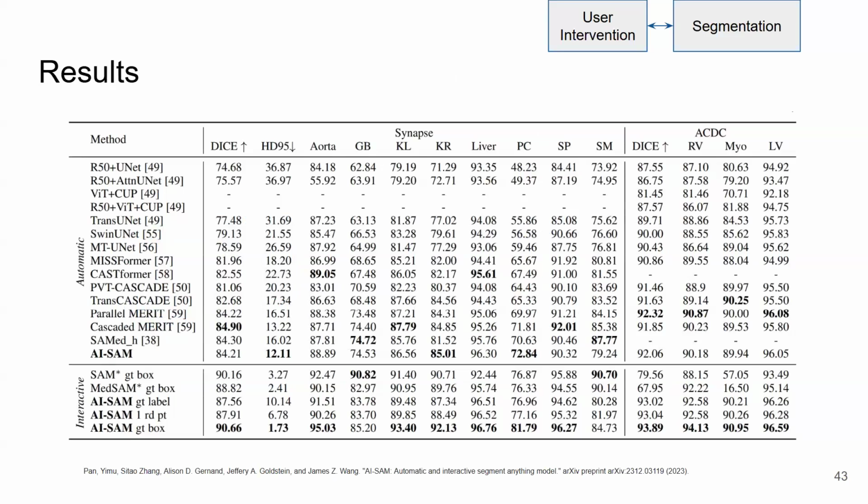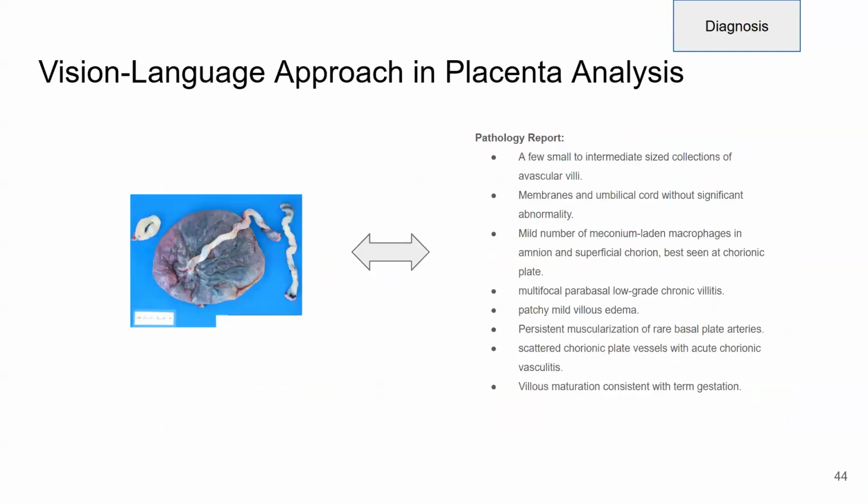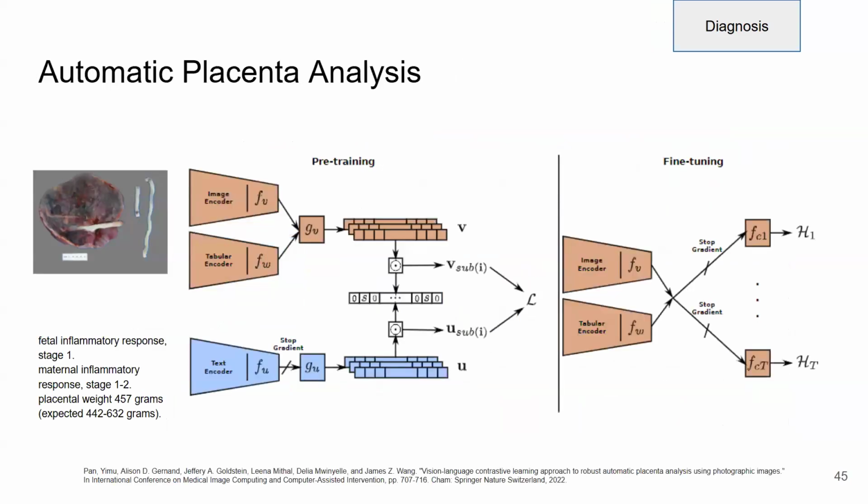Now we actually have the user intervention in the segmentation part. What's next is to perform the diagnosis. Again, let's revisit what we have. We have an image, and we have the path report as training data. So the easiest way is to do vision language contrastive learning, as we have suggested in the previous two toolkits.